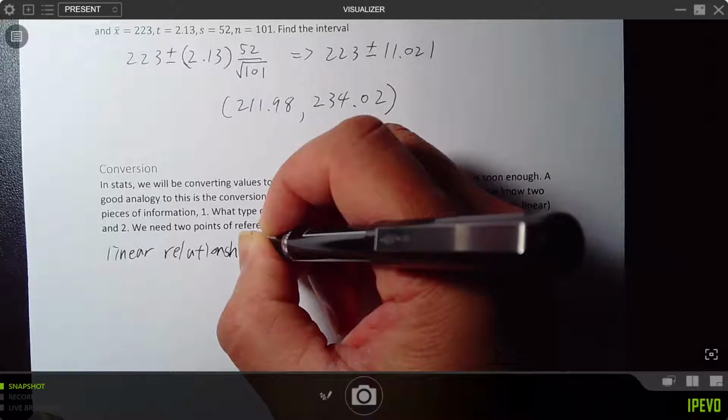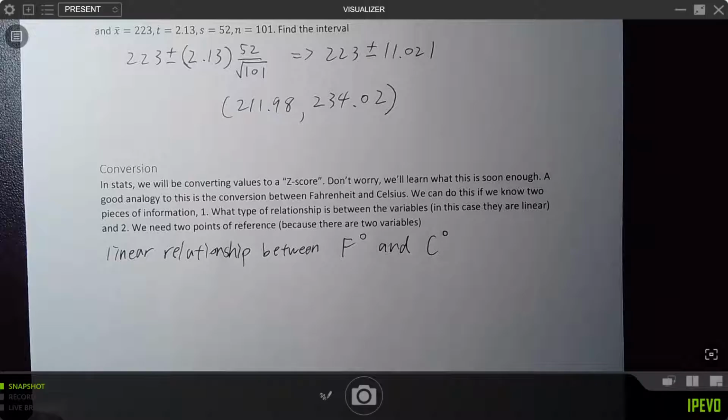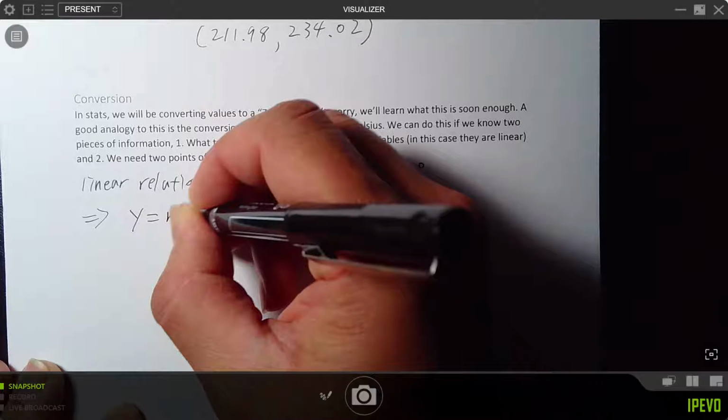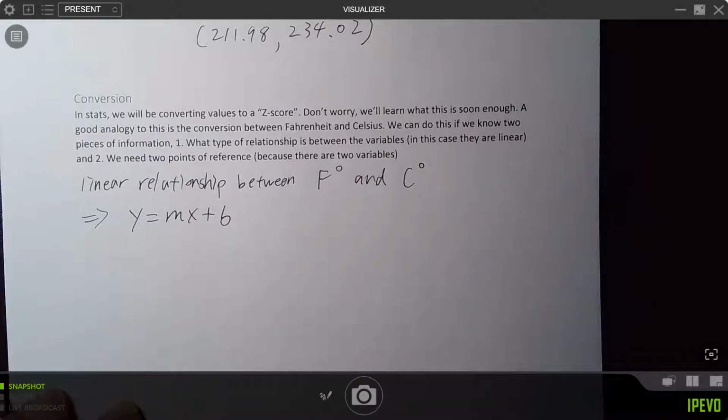Now, if you have a linear relationship between any two variables, then that means mathematically you can always express them like so: y equals mx plus b. Okay, so remember this is your slope-intercept form from algebra. And this is your basic linear equation or linear function.